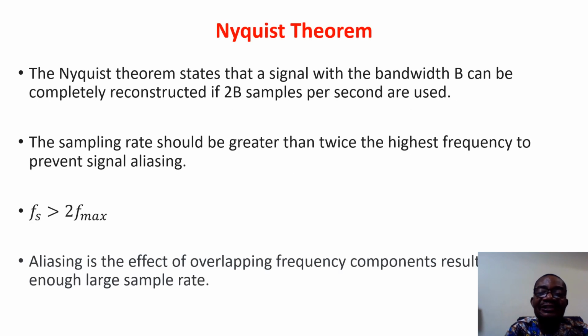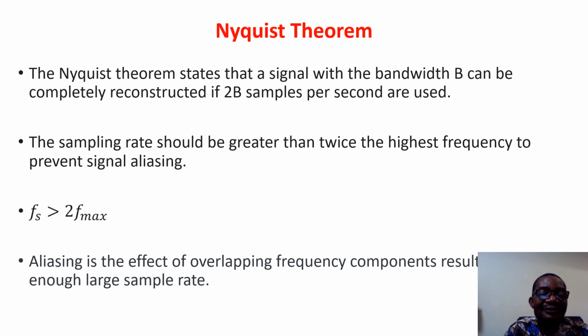Let's look at the Nyquist theorem. The Nyquist theorem states that a signal with bandwidth B can be completely reconstructed if 2B samples per second are measured. What it simply means is that the sampling rate should be greater than twice the highest frequency to prevent what we call signal aliasing.